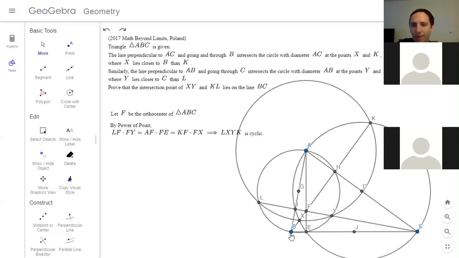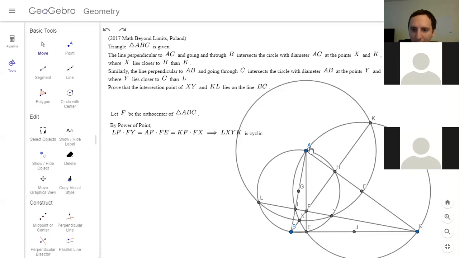So we could show B lies on the polar of F and C lies on the polar of F. But that's true if and only if BXFK is harmonic. And that's true. Why is that harmonic?